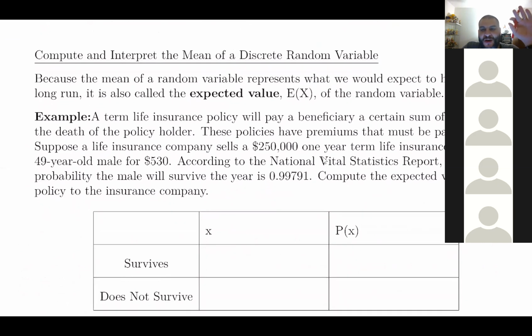Okay, so now we're going from the mean to the expected value. The mean and the expected value are exactly the same thing. There's no difference between them, just different notation. If you look at the word expected, it's what we expect to happen.